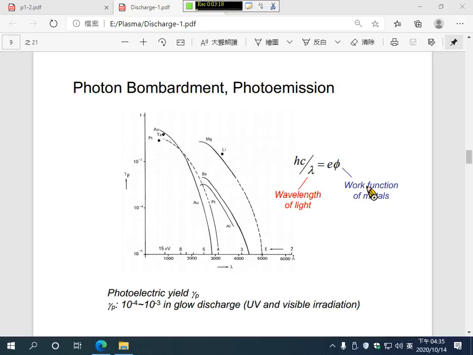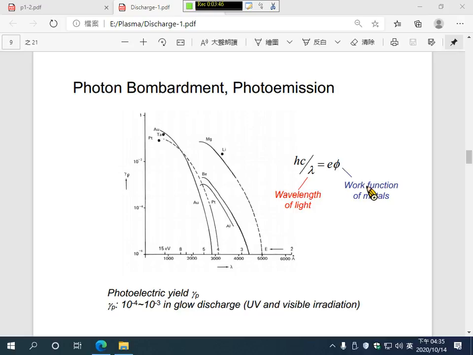So we cannot use this quantum model to describe the energy of electrons inside the tungsten. In other words, one must use solid state physics to explain the energy of electrons in tungsten metal.